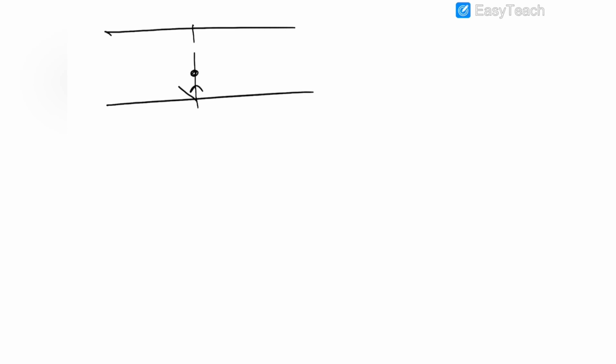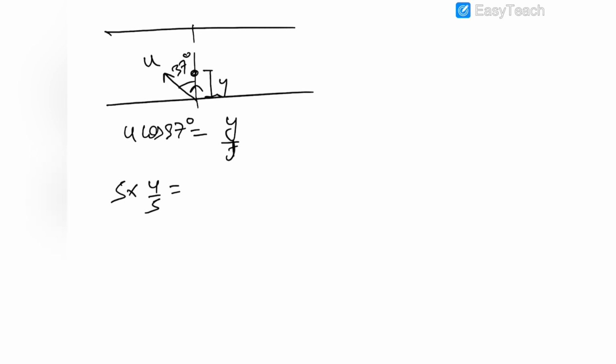This is u, and this angle is 37, and this is y. So u cos 37 is equal to y upon t, and u is 5, cos 37 is 4 by 5, it is equal to y upon t. So t will be equal to y upon 4.